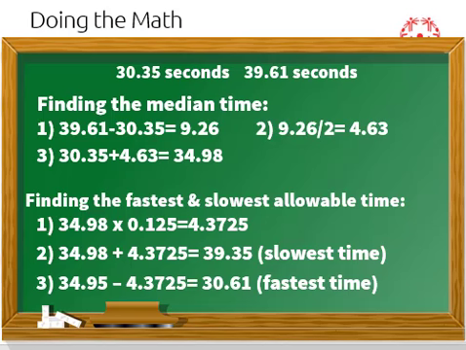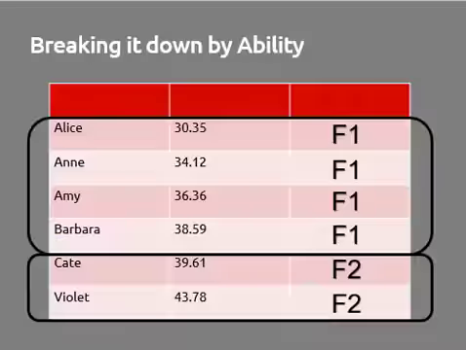To find the fastest and slowest times in this division, we add and subtract 4.3725 from the median time. In this case, it gives us a slowest time of 39.35 seconds and a fastest time of 30.61 seconds.